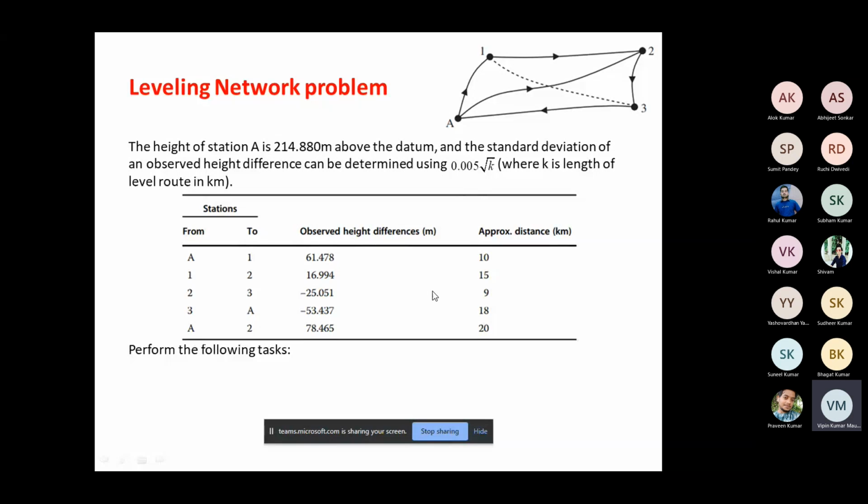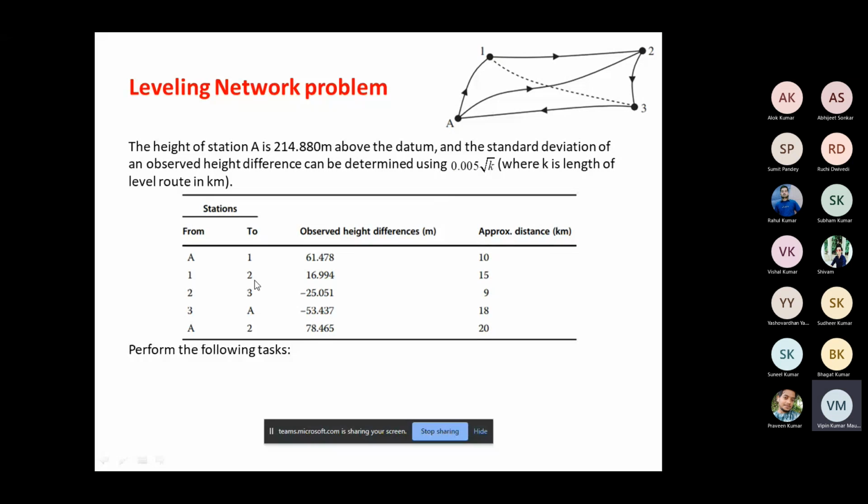If you see this table, from A to station 1, the observed height difference is 61.478, and the approximate distance between A and 1 is 10 kilometer.